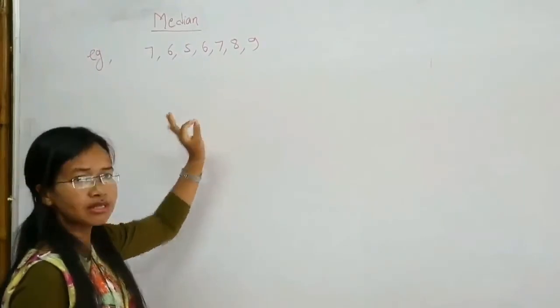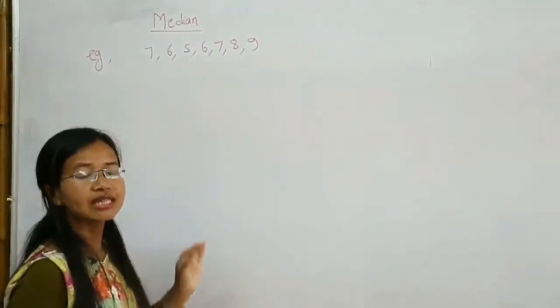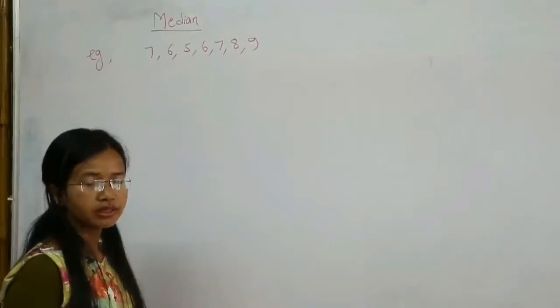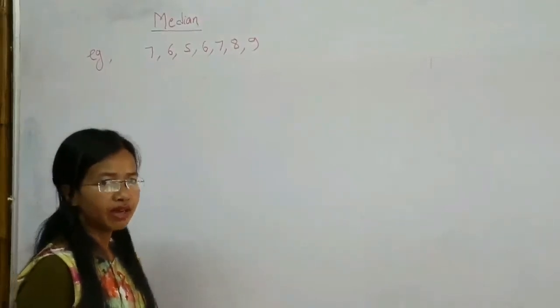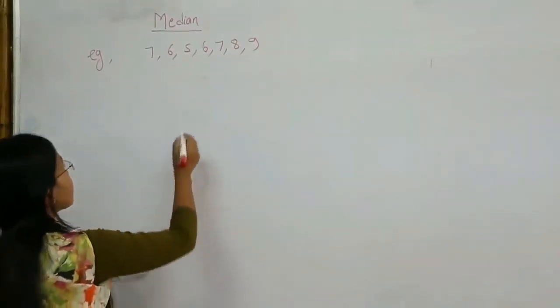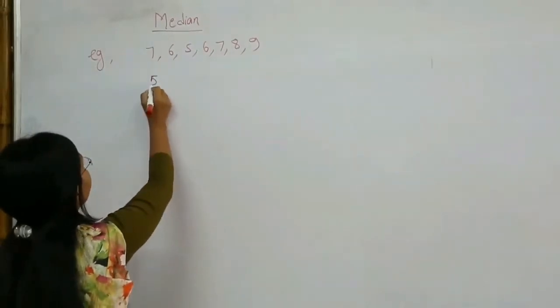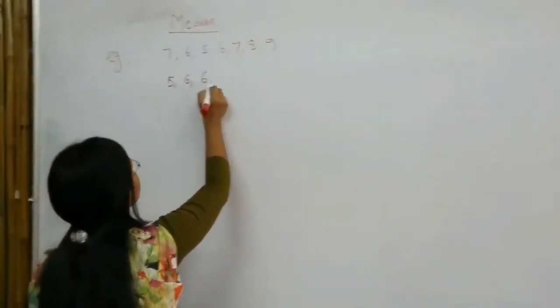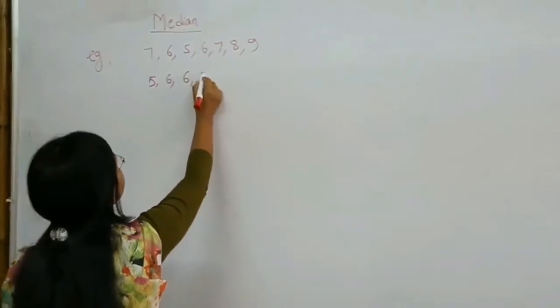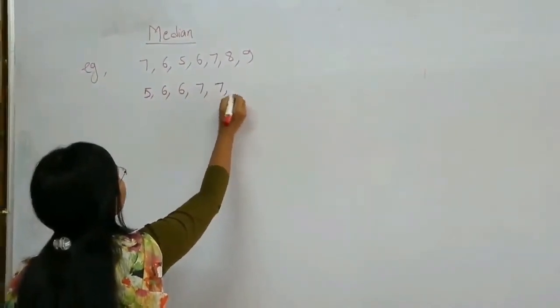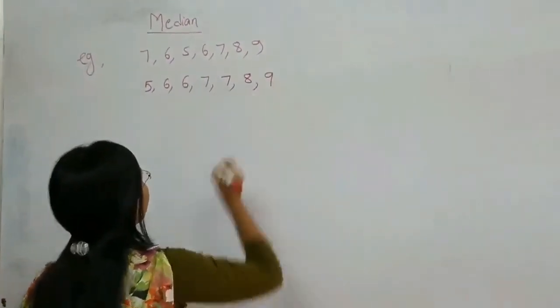You need to follow one step: arrange the data in ascending order first, then pick the middle value. So arranging in ascending order, we'll have 5, 6, 6, 7, 7, 8 and then 9.